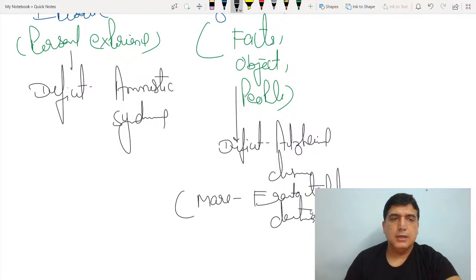That's very important. So, episodic memory is about personal experience, deficit in amnestic syndrome. Semantic memory is about general knowledge, facts, objects, people. Deficit occurs in Alzheimer disease, but more particularly, semantic memory deficit is for frontotemporal dementia.